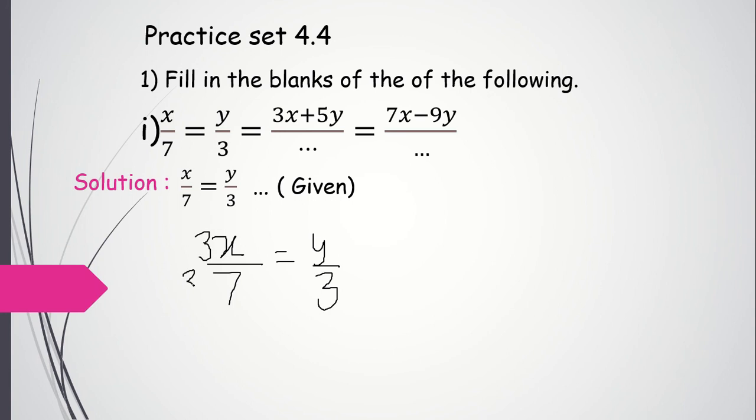I will have to multiply numerator and denominator of the first ratio by 3 and second ratio by 5. When I multiply here by 5, I will get 5y upon 3 into 5, or you write 5 into 3 like this. So I will get 3x upon 21 is equal to 5y upon 15.